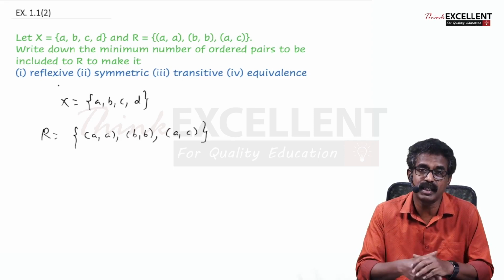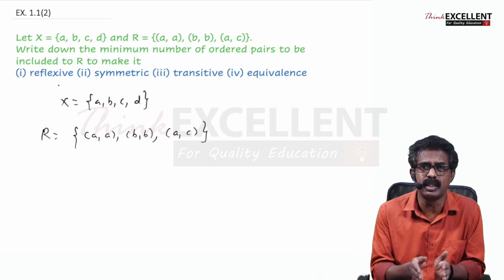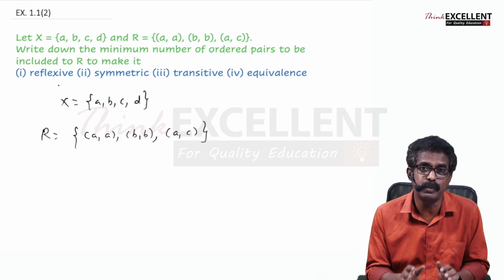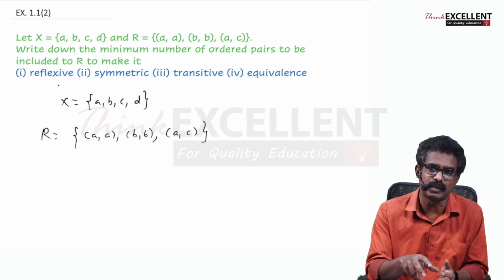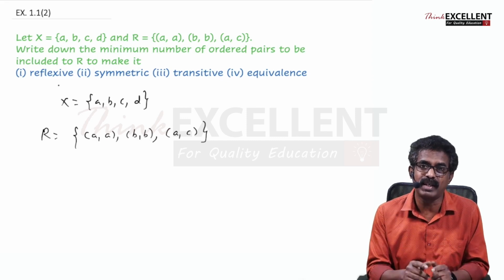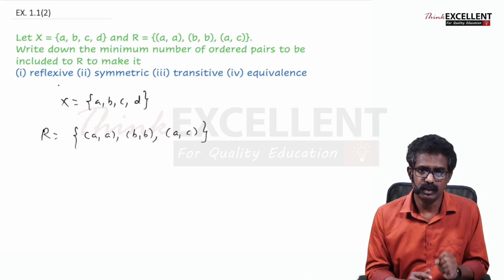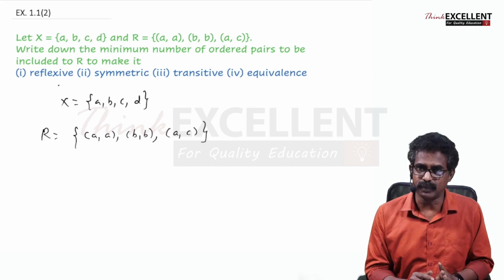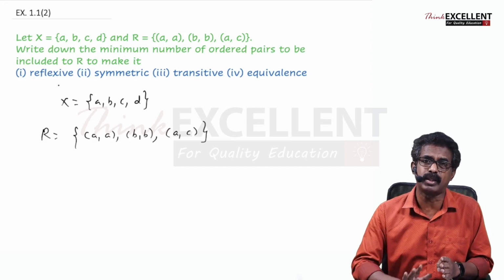Now we have to check, is it reflexive? If it is reflexive already, you say no need to include any element. Suppose it is not reflexive, you see which element to be added so as to make it reflexive. What is reflexive? Every element related to itself. What are the elements in the set? A, B, C, D. So every element must be related to itself.